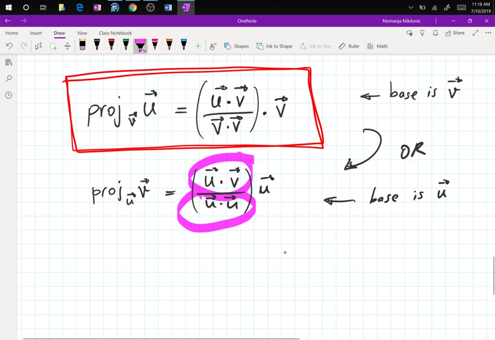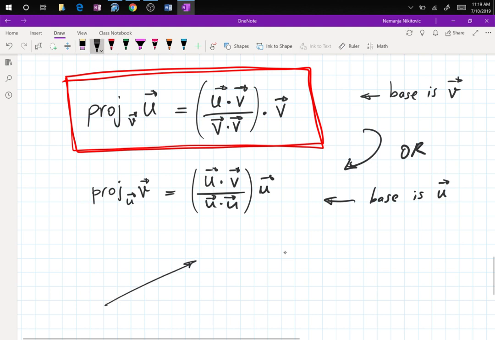So when you divide a number by a number, which is a scalar, you get a number, and then a number times the vector gives you a vector, which is in the direction of the base vector, which is why these two always match. They always match, because it needs to preserve the direction of the base vector. Your projection is going to be lying on the base vector.